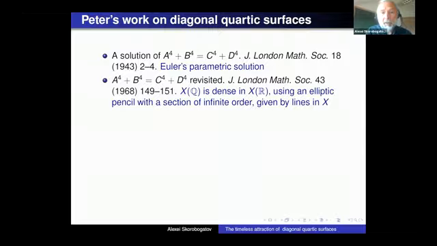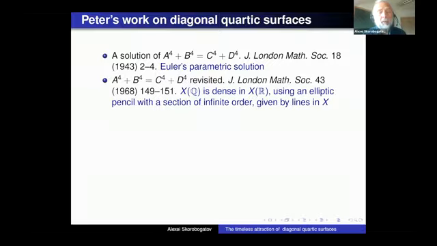And then he returned to this 20 years later, 25 years later. I think this paper is quite nice. It's a very clear proof of the following result. So let's call this surface X. It visibly has rational points, and Peter proved that the set of rational points is a dense subset of the set of real points, of the topological space of real points.